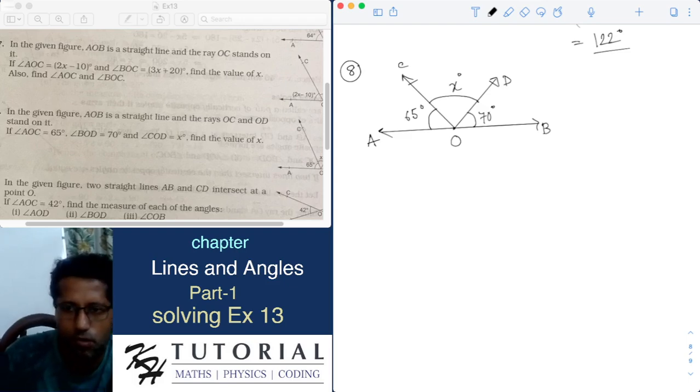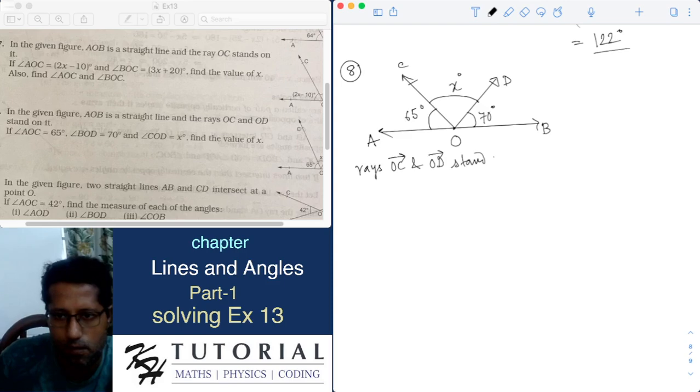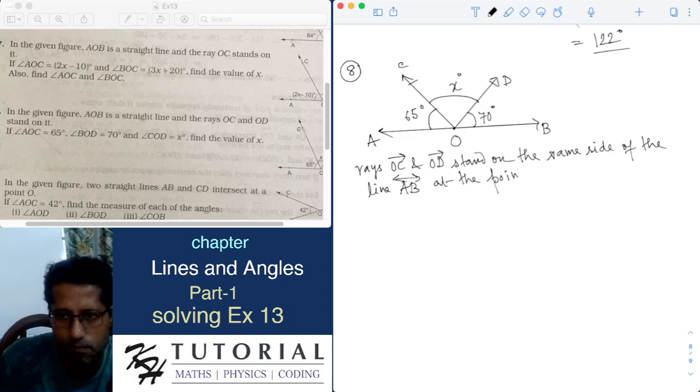Now, as per the given diagram, we know that rays OC and OD stand on the same side of the line AB at the point O. Remember, it is on the same side. This is very important.